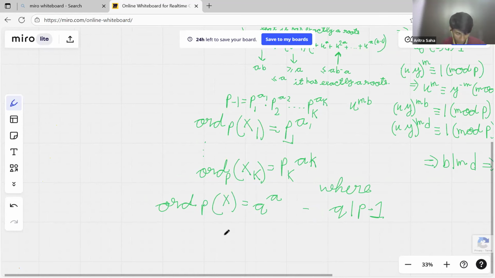Try to prove this. Yeah, a is obviously less than or equal to the degree d. I also didn't get how pp came up.